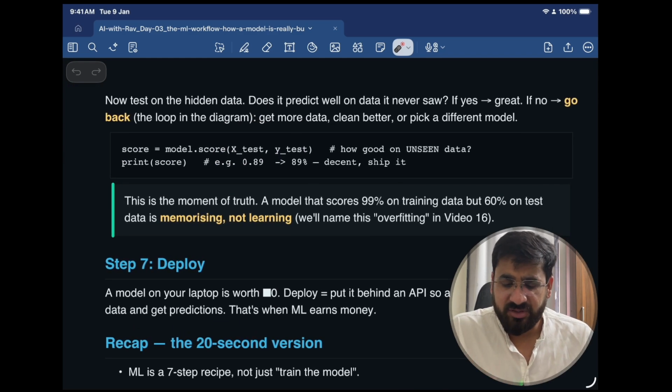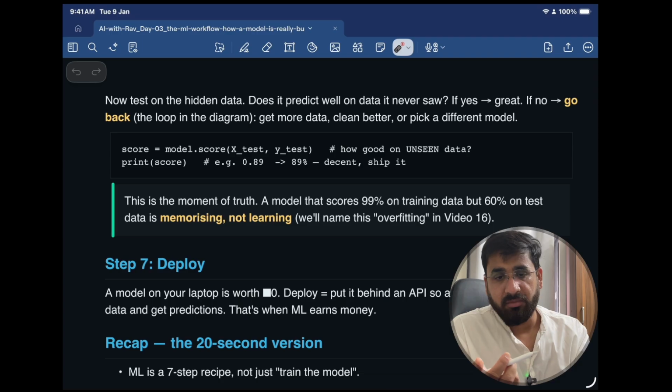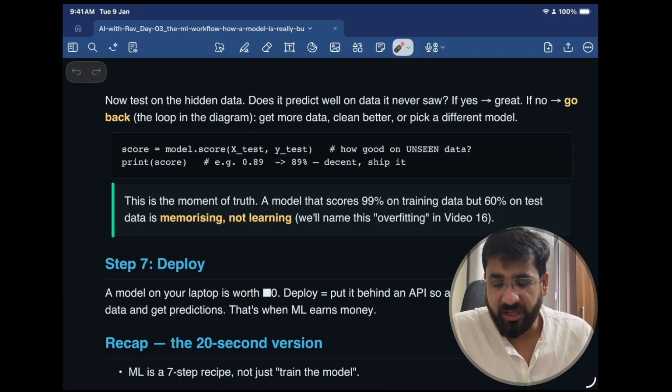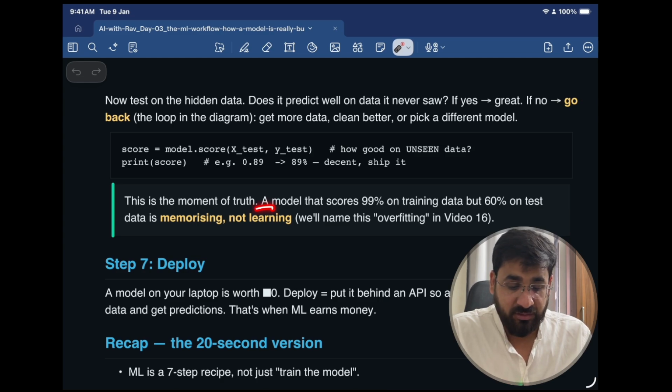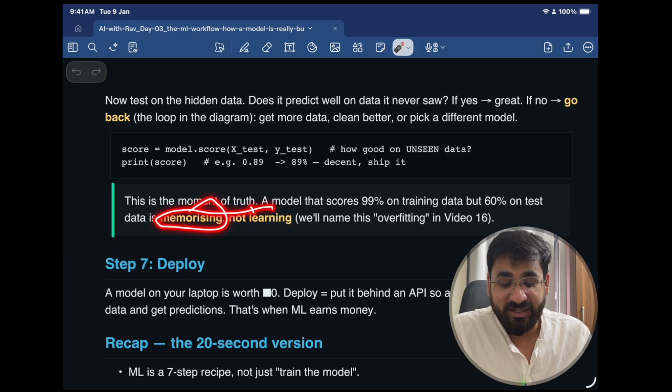In general convention, a model performing great is more than 95, say if it is giving 89% accuracy, we can go for that. Even if it is giving 99% accuracy, it doesn't mean that the model is correct. There is the most vital concept: the model is memorizing, it's not learning.